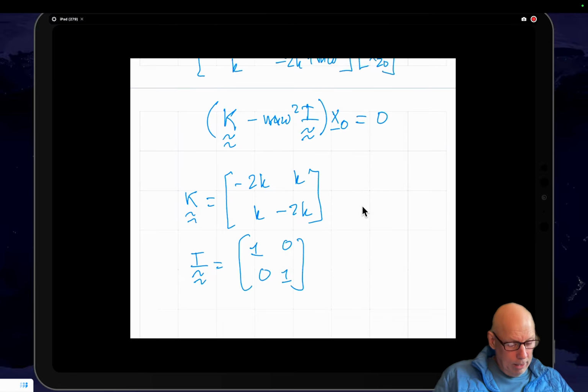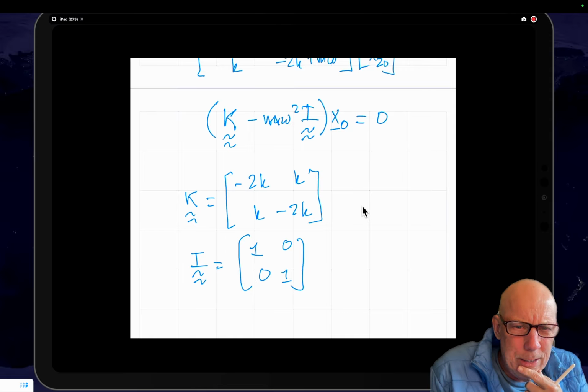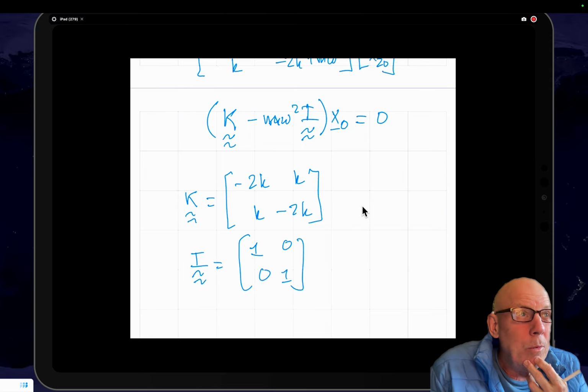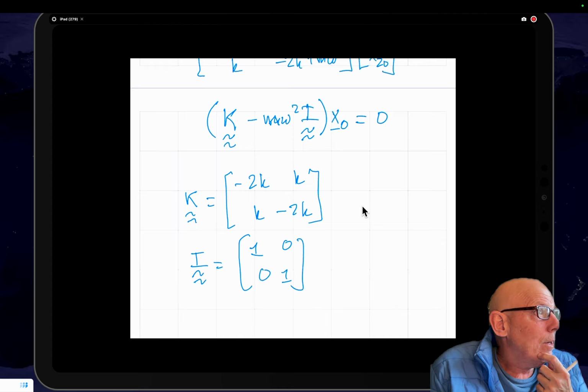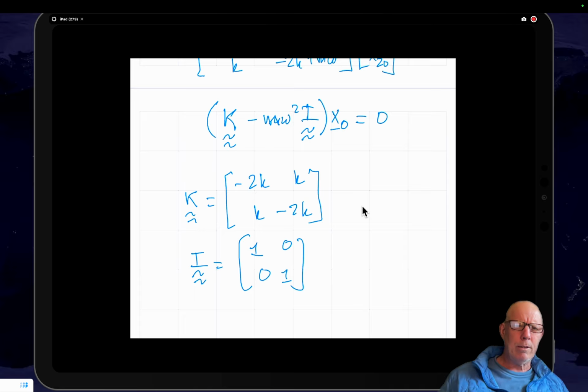The reason that this is so powerful and so interesting is that we've turned the original problem of solving two coupled ordinary differential equations into an algebra problem of solving two linear algebraic equations in the two unknowns x1 naught and x2 naught.